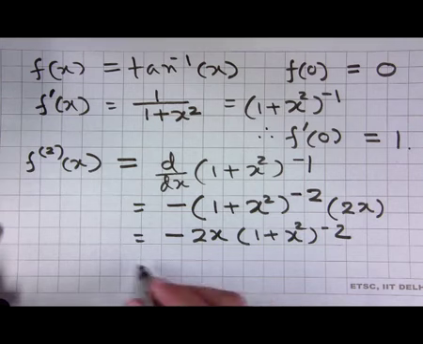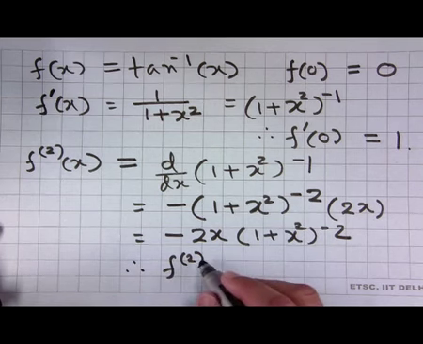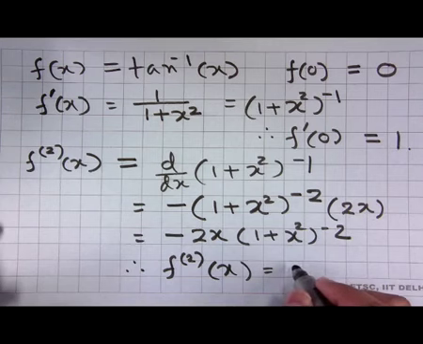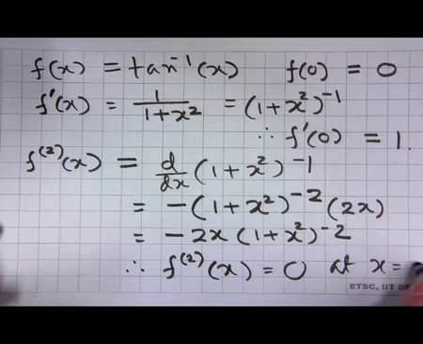Therefore, f double prime at x equal to 0 is 0.